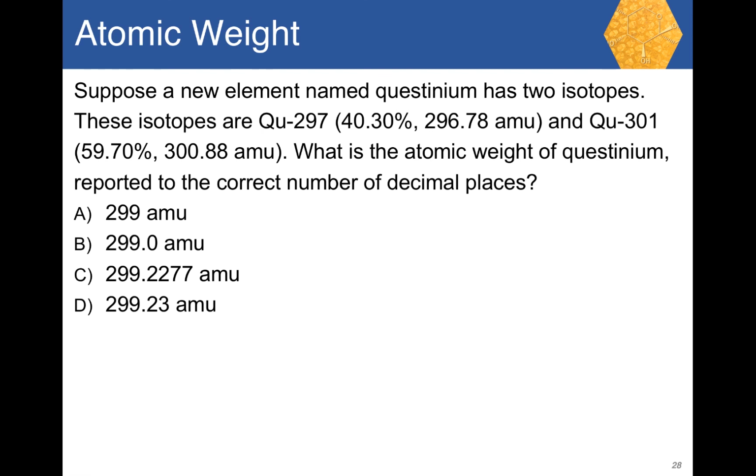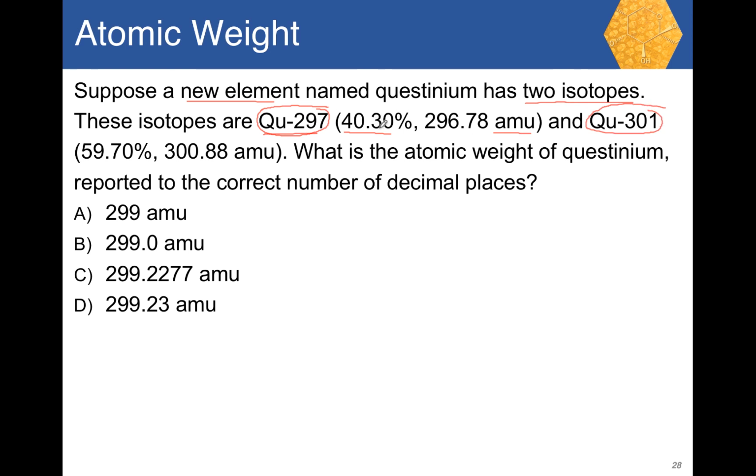Let us apply this concept to a new element, an element that has two isotopes. So there are the two isotopes of this element here, and 40.3% of this isotope is 296.78 AMUs. That is the weight. So it has two isotopes. Here's one isotope, and here's the other.